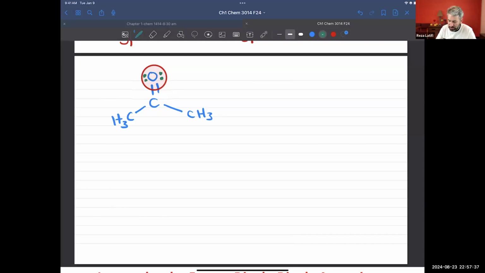Now let's assign the hybridization. Let me also show the hydrogens attached to the carbon. So this one is CH3, we have carbon here, and then oxygen with 2 lone pairs. The first carbon has 4 sigma bonds.